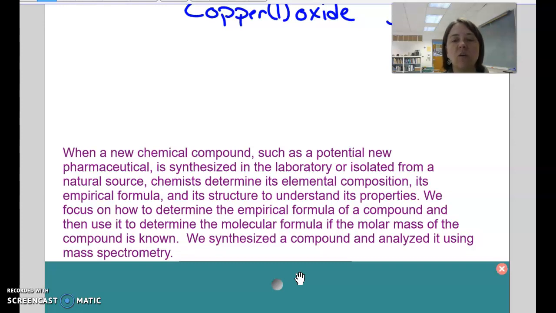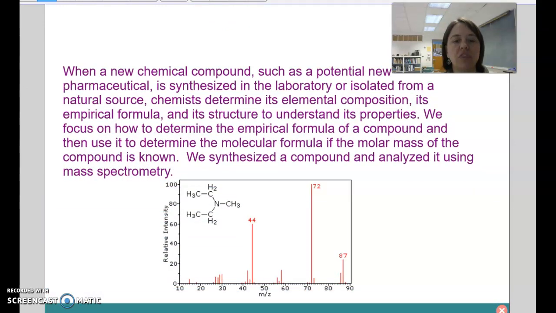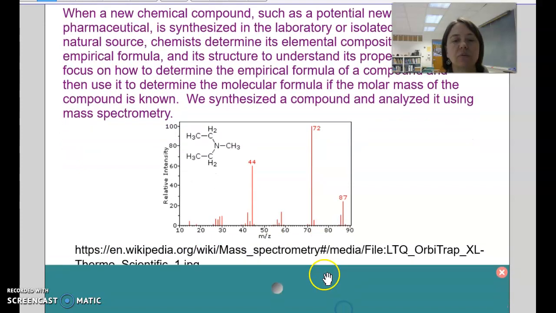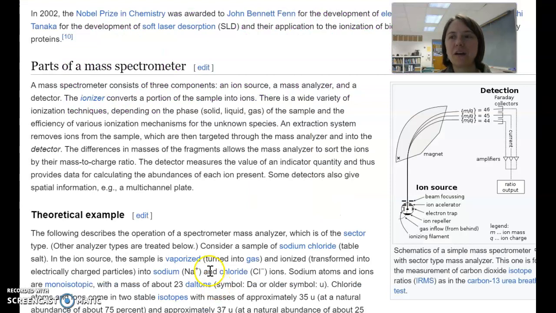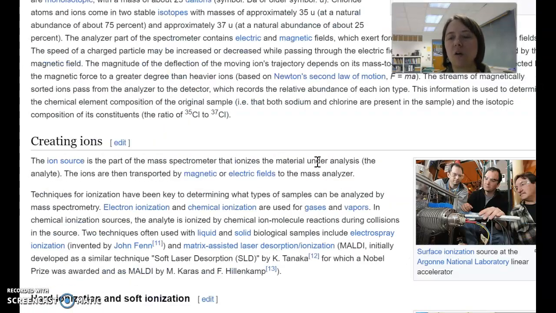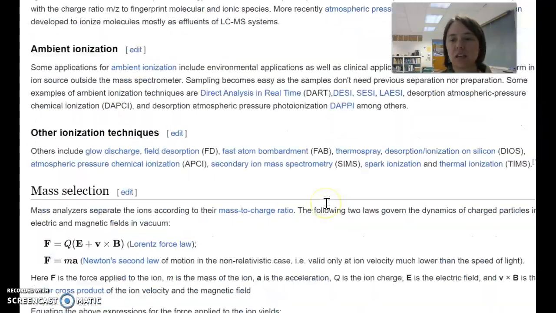We synthesized a compound and analyzed it using mass spectrometry. So let's take a quick look at what that is. Mass spectrometry would give you a readout kind of like this. Mass spectrometry is a fancy machine that gives you a mass to charge ratio of all of the parts, all of the elements in your compound. And it looks kind of like these.